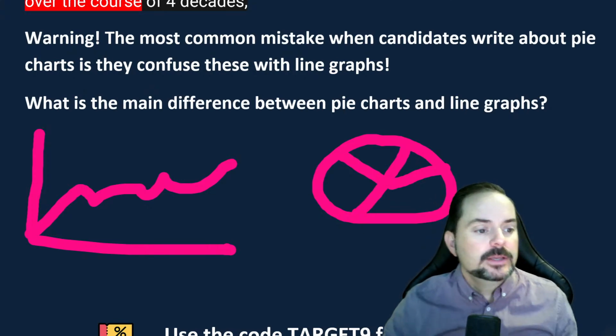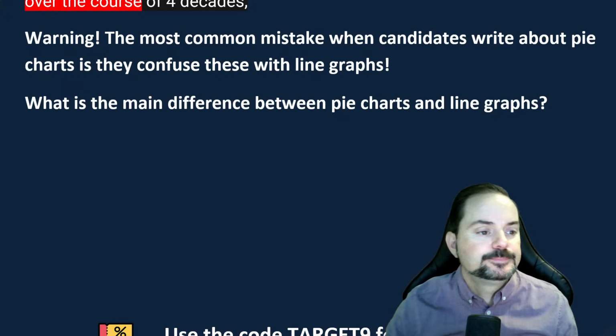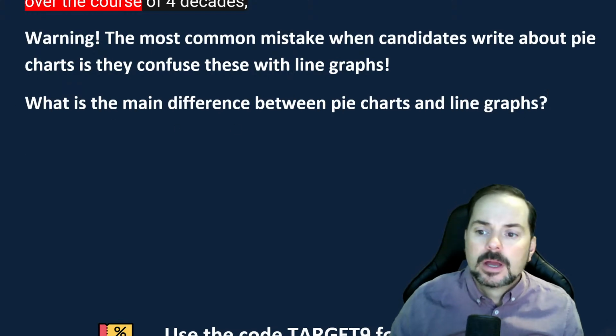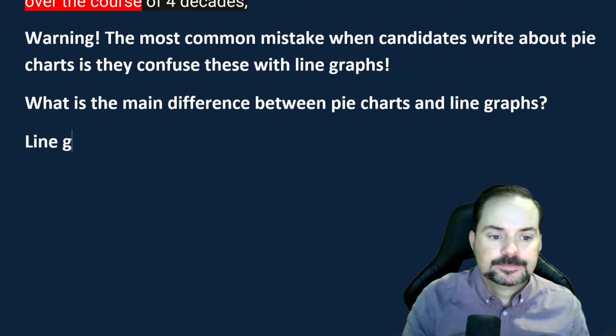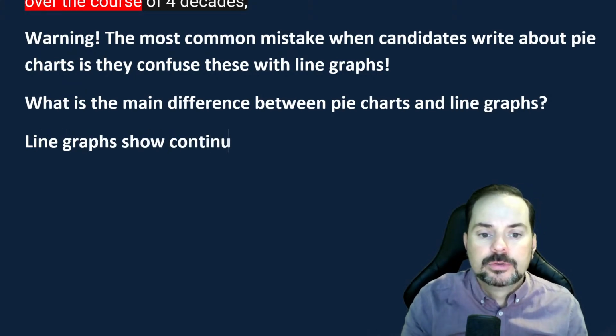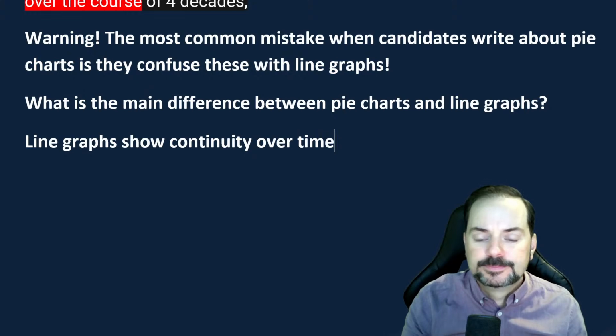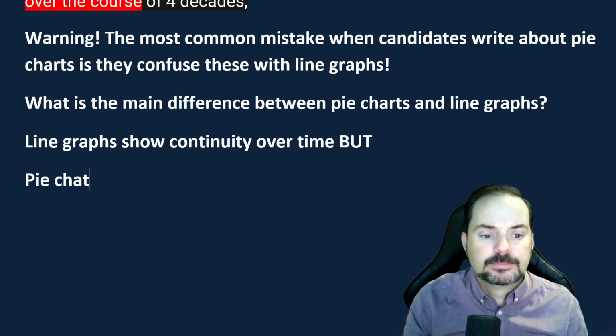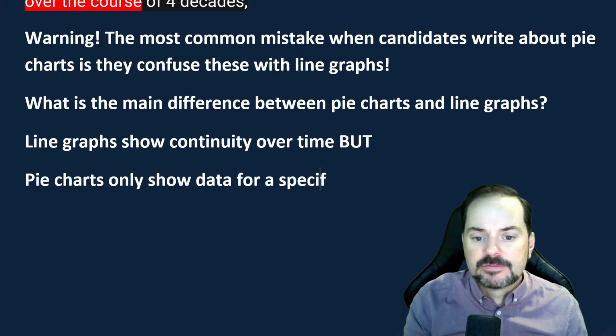All right, well, let me tell you this if you don't know it, okay? So the big difference is line graphs show continuity over time, but pie charts only show data for a specific period of time.